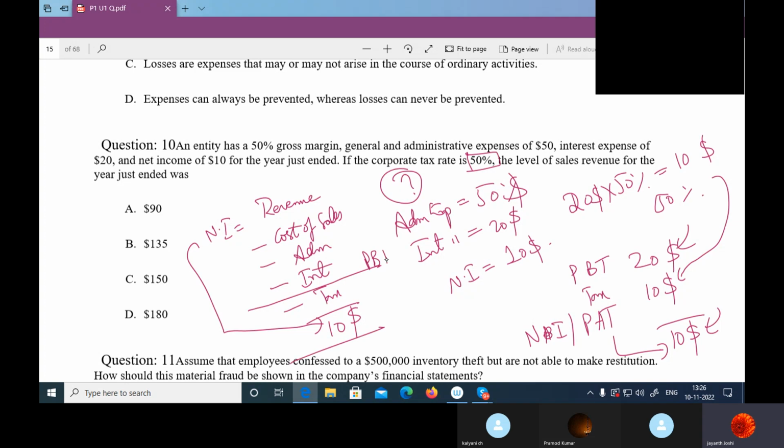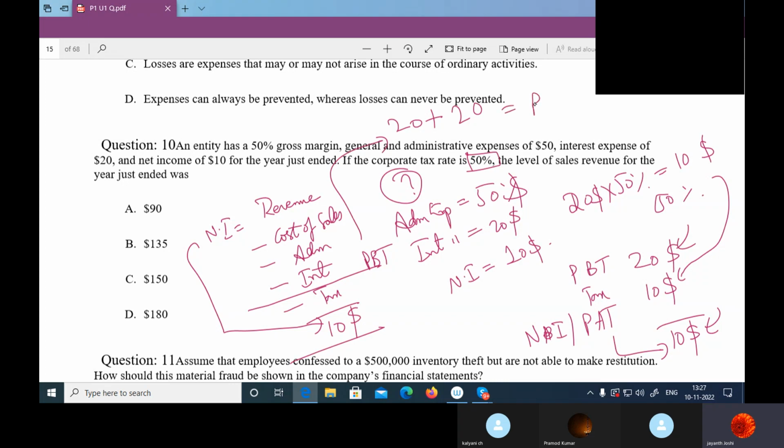Now can I go for PBIT? See, I'm going in reverse, I'm going up. Whatever I have deducted, I will add to get PBIT. So 20 is my PBT plus my interest, which is 20.